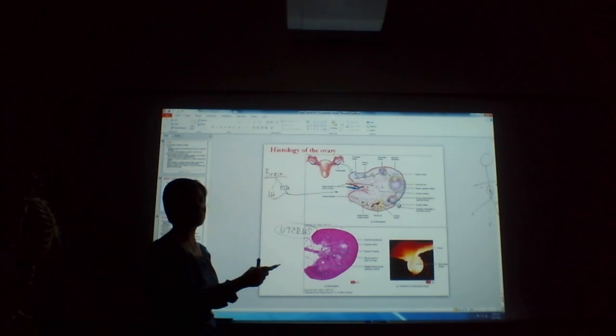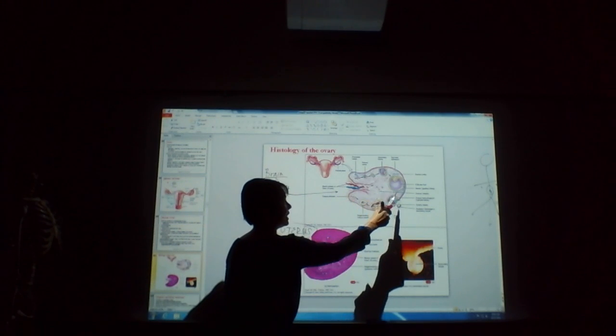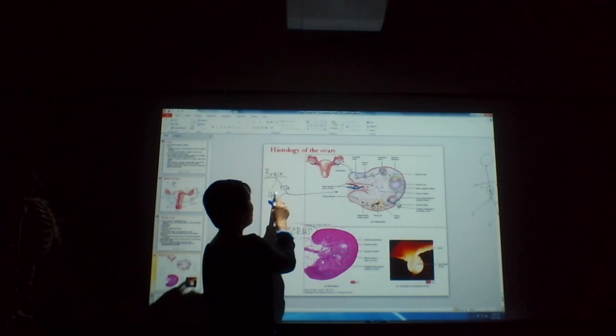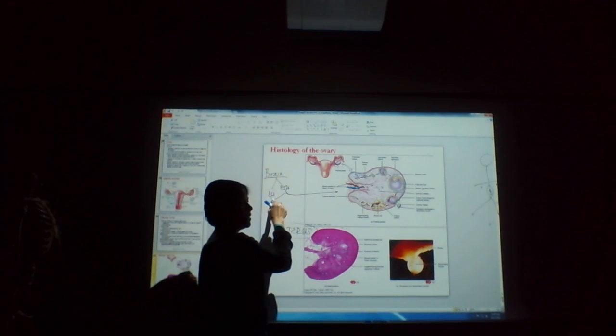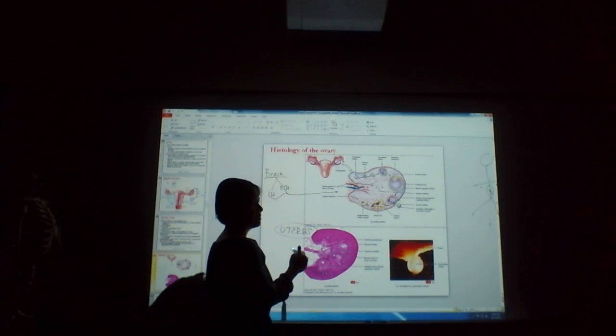And then when it's ready to be ovulated, when it has proceeded to metaphase 2 of meiosis 2, you can ovulate that. So LH is your ovulation hormone. That's why you ovulate.